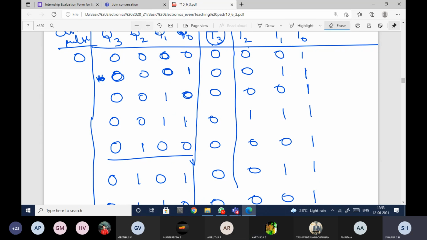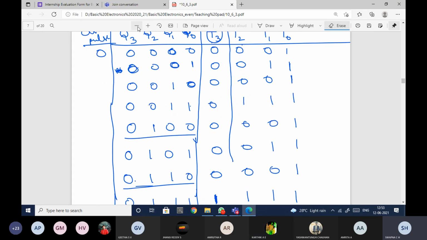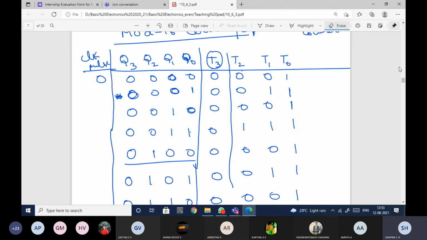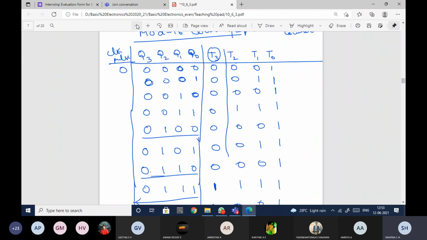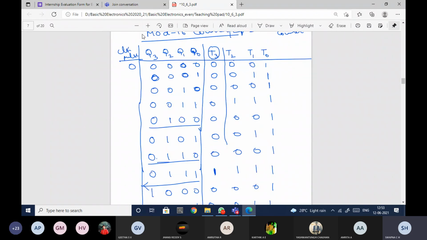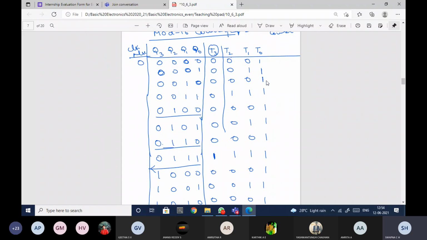Wait, let me just reduce it. Could you see the table properly?